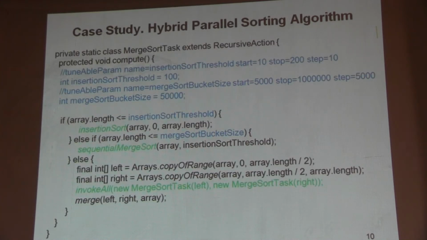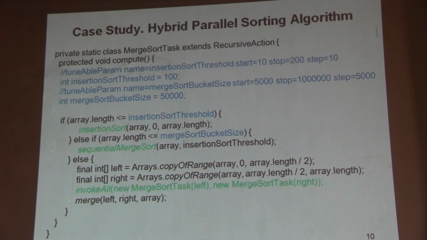And 2 more parameters. One is when to switch from sorting your subarray on different threads to sorting them within one thread, this one. And the second one is when to switch from merge sort to insertion sort. It's a common hack.